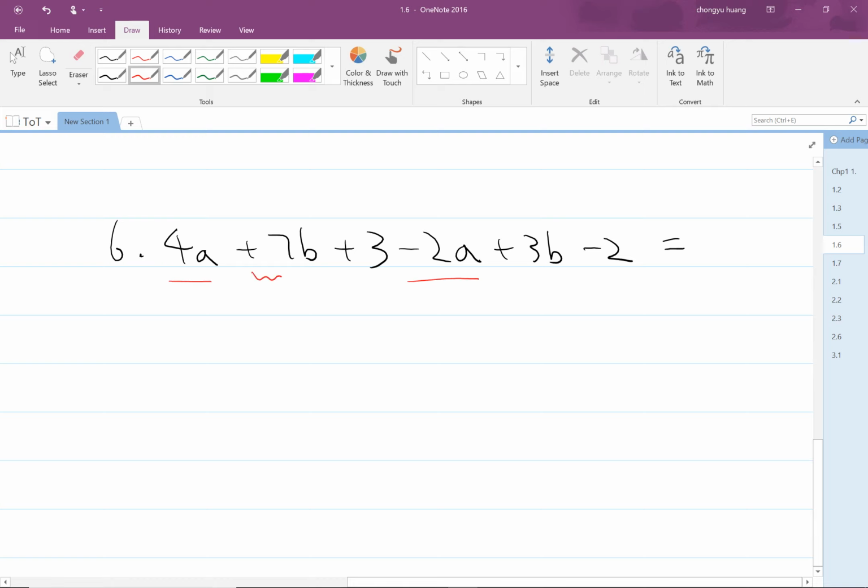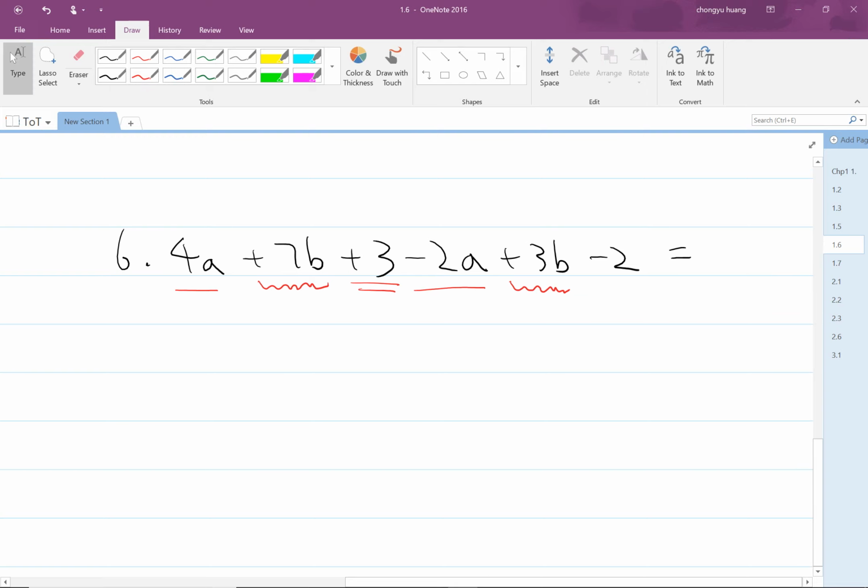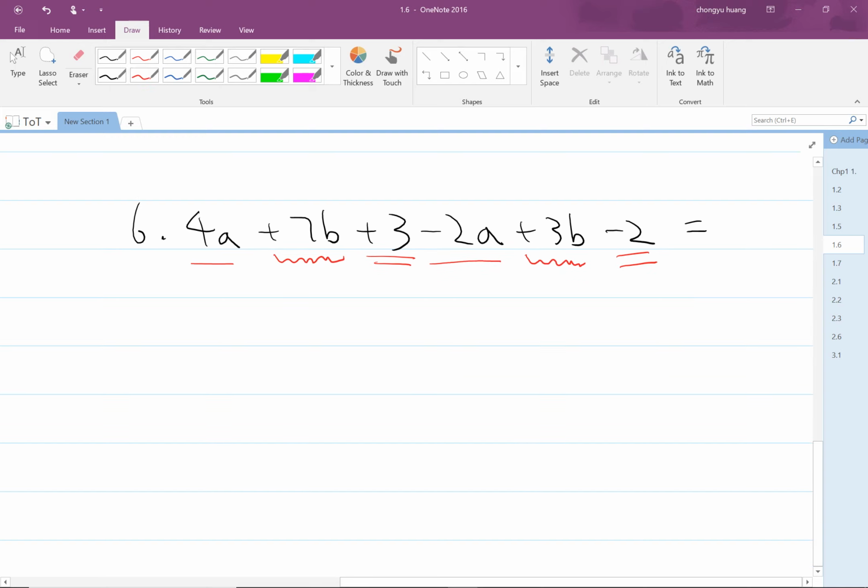And then you got plus 7b, and then another plus 3b, and those are just some integers, right? So a is a term, b is also a term, okay?